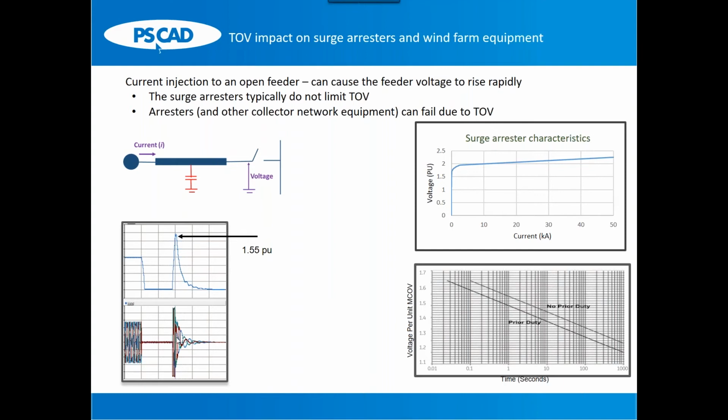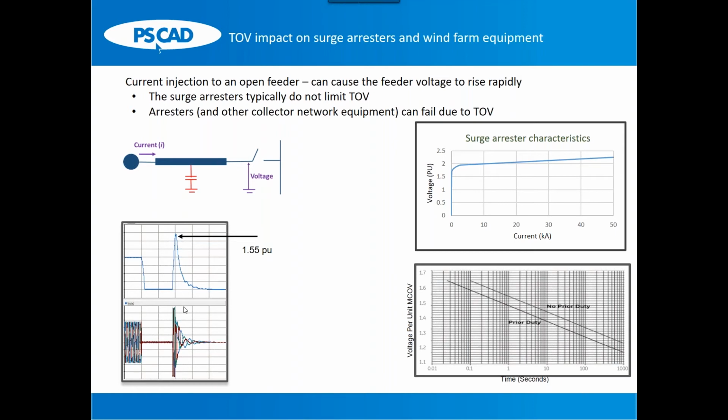Now, right here, you can say if the wind farm controls didn't come into the picture and shut down the turbine or ramp down the voltage fast enough, you will have a TOV issue. If the controls acted in a manner that the TOV remained for a longer time, 1.5, right, for more than 1 second, then probably there is a concern.